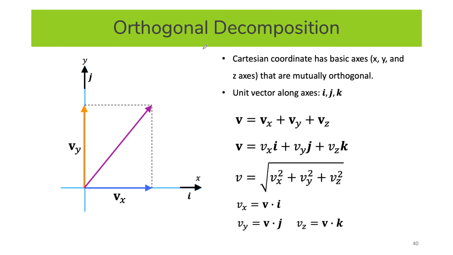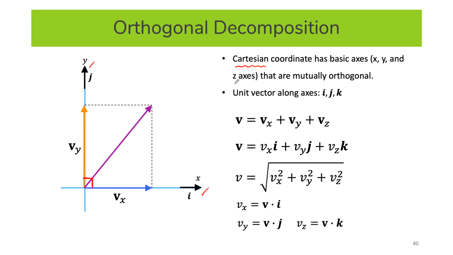Orthogonal means perpendicular. An example of an orthogonal axis is the famous Cartesian coordinate. You might be familiar with Cartesian coordinates already because you might have already seen the x-axis and the y-axis. And in our understanding, the x-axis and the y-axis are always perpendicular to each other.